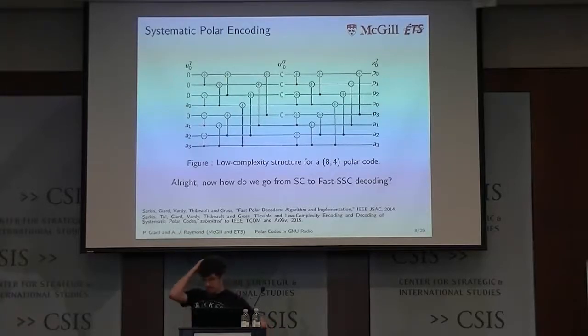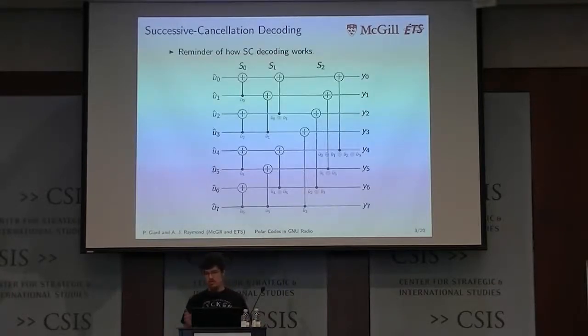All right. Now let's go on to how we move from successive cancellation decoding to Fast-SSC decoding. Just a quick reminder of how we decode using successive cancellation. Encoding was from left to right, decoding is from right to left. I kept the same graph. We get the information from the channel on the right-hand side, that's my y. And sequentially, as the name successive cancellation suggests, we estimate each of the bits.